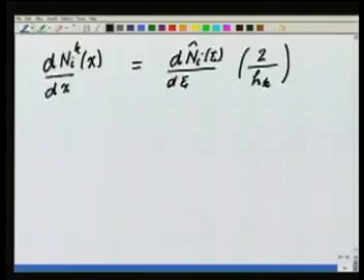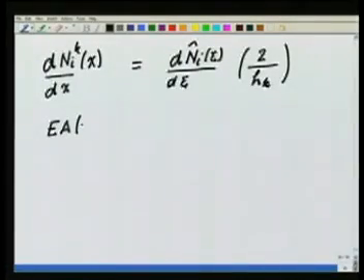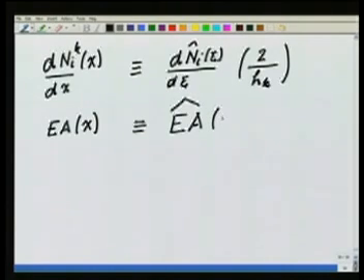So, once I have done this transformation, then we have to also do the further transformations, that Ea of x, because the material constants could be different, Ea as a function of x is equivalent to Ea hat, x of psi. What does this mean?